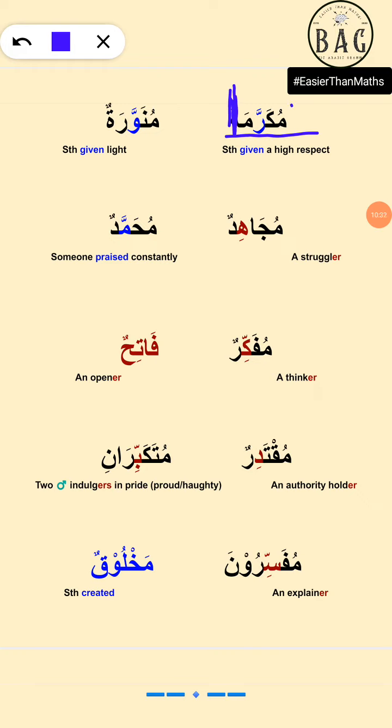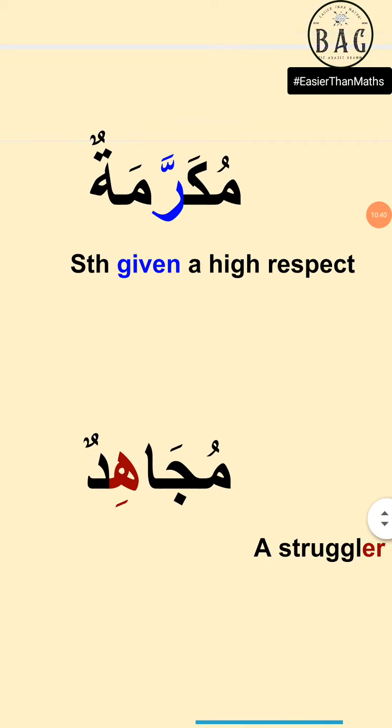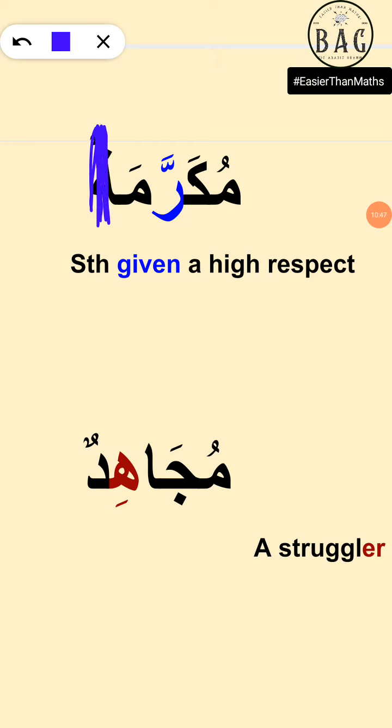Because you have the mu word. You have the prefix of mu, and then you have the chopped-off suffix, and this is your basic word, mukarramun. The second root letter is right here behind the last letter.